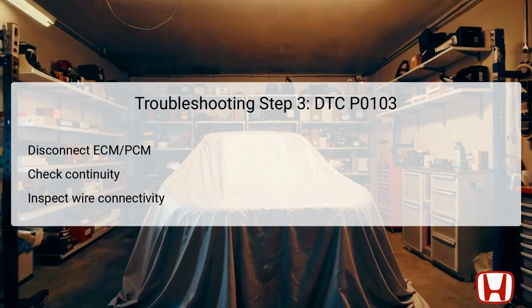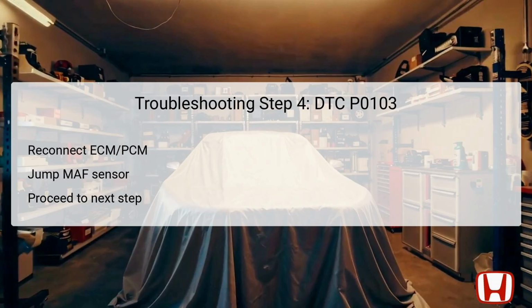If there is no continuity, it suggests an open in the wire that requires immediate repair before further testing. Reconnect the ECM/PCM connector A that you previously disconnected. This reconnection is essential for finalizing the wiring checks before moving forward.